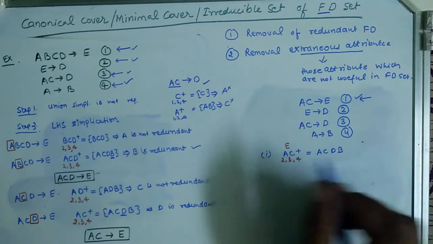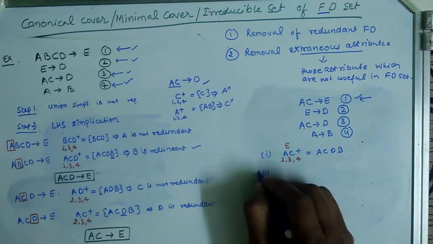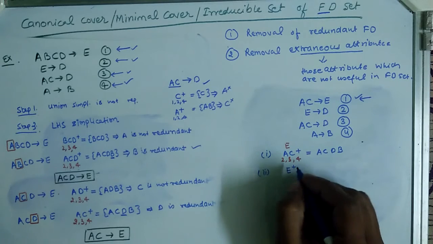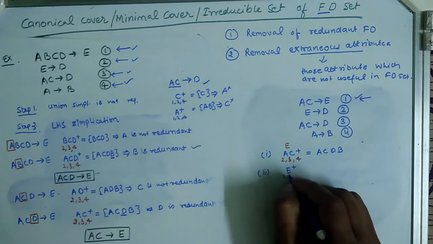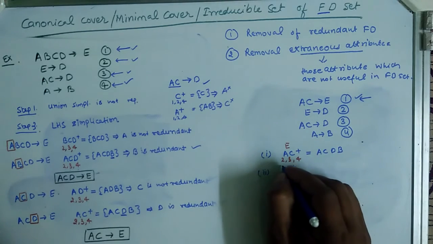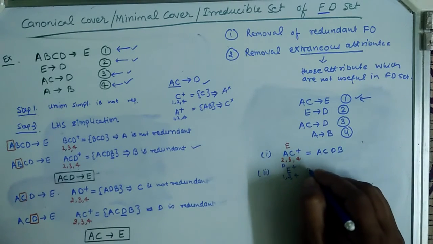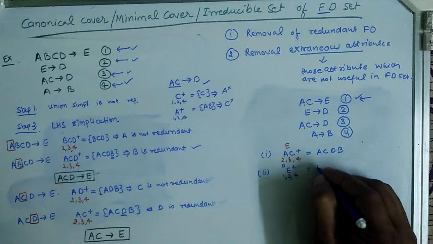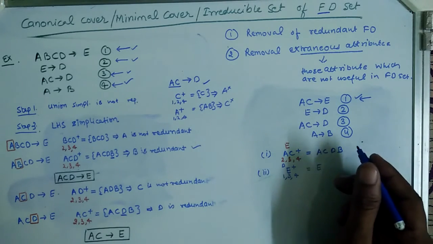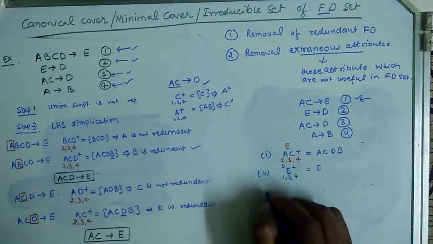Similarly, in the second step we find out E closure from equations 1, 3, 4. So we hide equation number 2 and look for D. E closure will lead to E only, and we cannot derive anything, so this is not redundant.